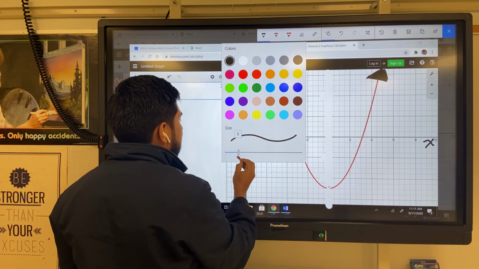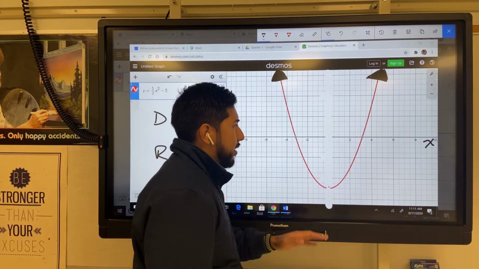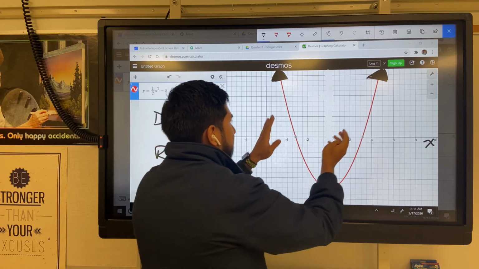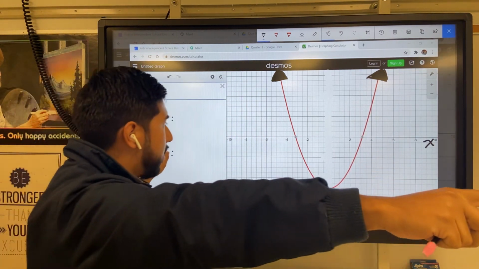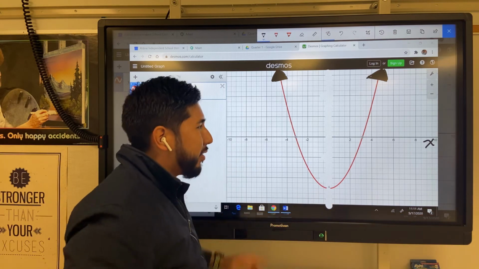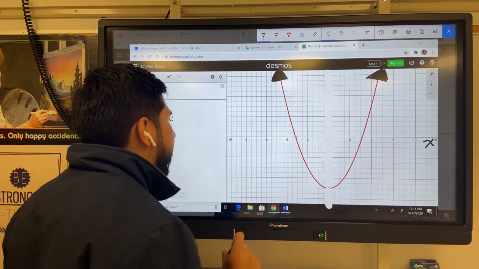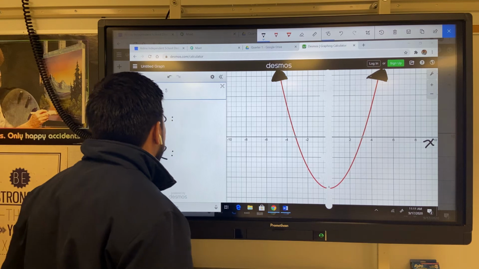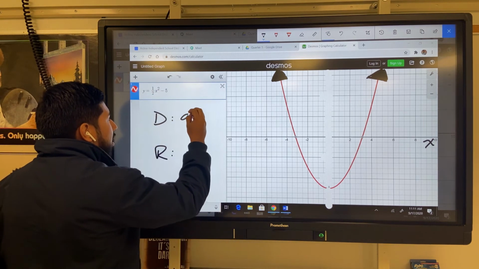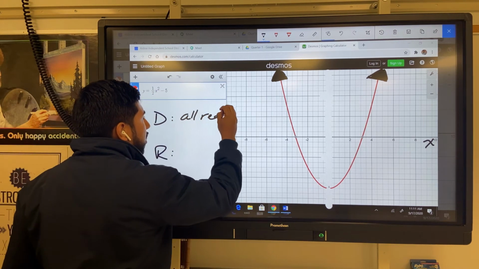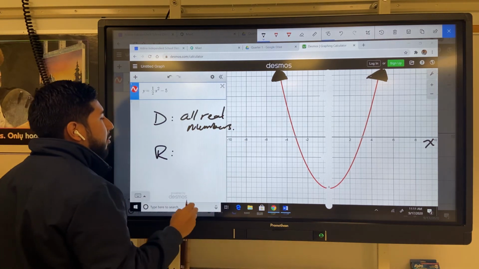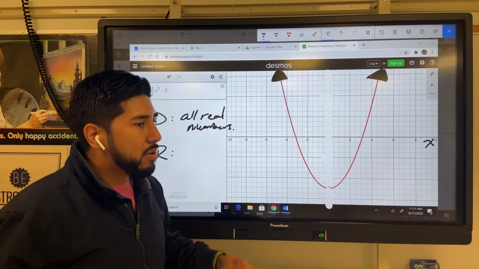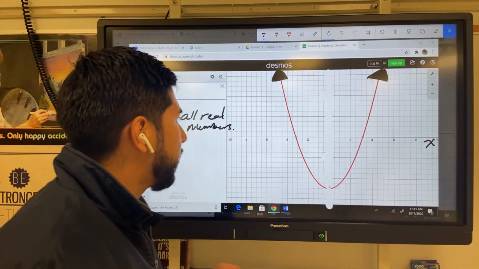Are my arrows stopping? Can I stop them anywhere on my x if they're going like this forever and ever? They're just going straight across. Can I stop those? You can't. So since they're going to be touching every single x value, we need to remember that it's all real numbers. That means it's touching every single number to infinity and beyond.